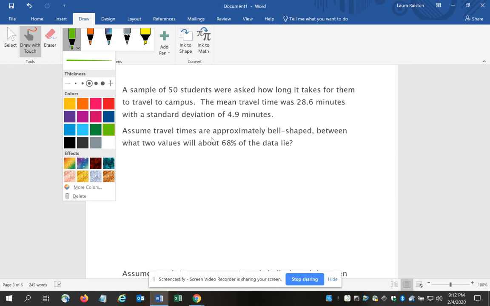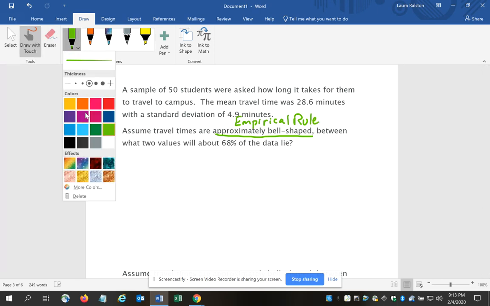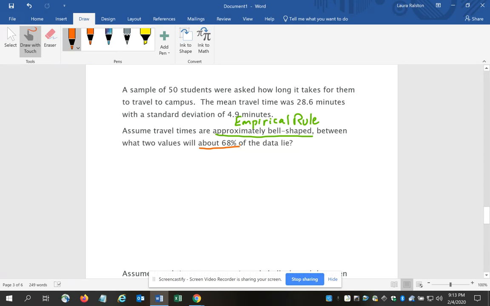So again, right off the bat, it tells me approximately bell-shaped, which means I can apply the empirical rule. The second thing that I notice is it wants to know what two values about 68% lie between. Remember, 68% corresponds to 1 standard deviation.